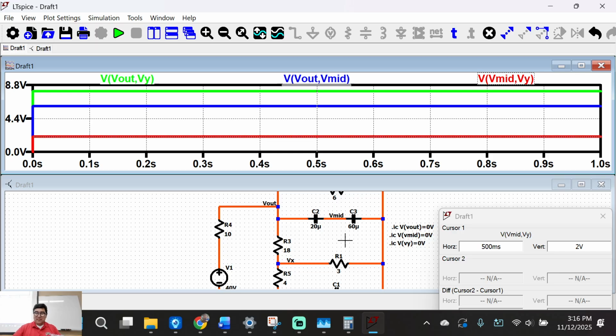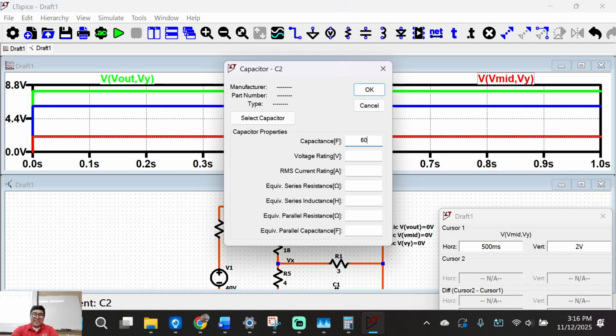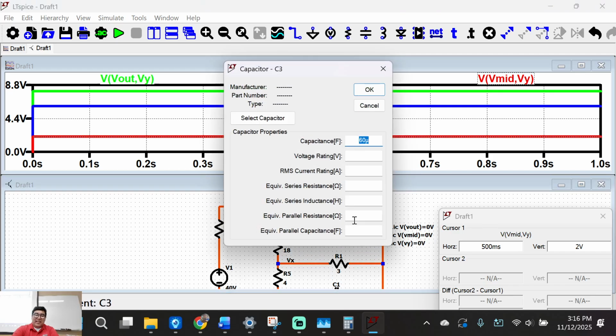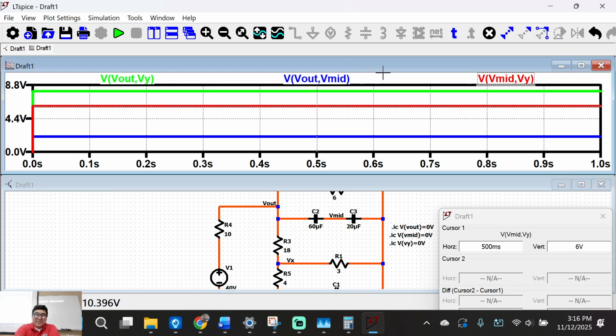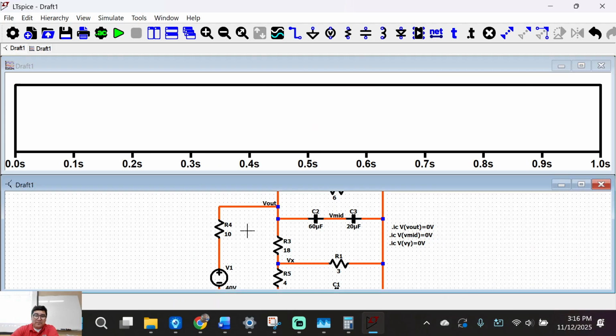Now, what if they were flipped? Well, let's test that. Let's do 60 microfarads and 20 microfarads. What happened? Boom, boom, boom.